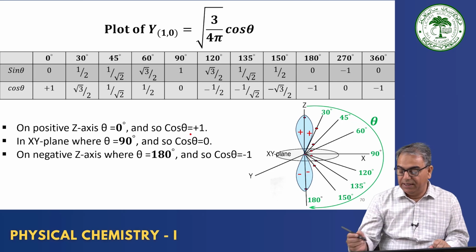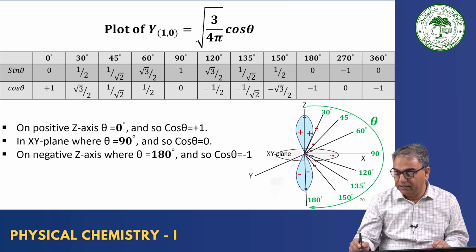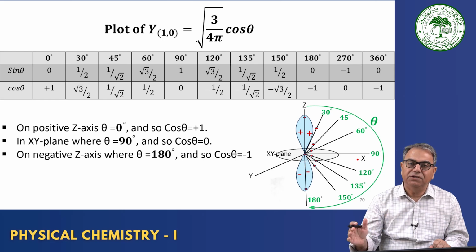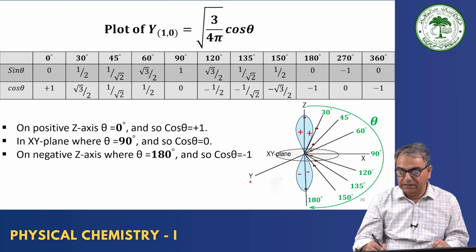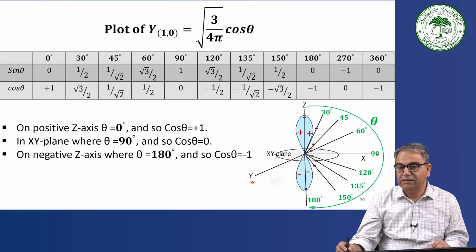In the xy plane, the xy plane is drawn like this. In departure from the diagram given in the book, normally you would make this axis the x-axis and this the y-axis.